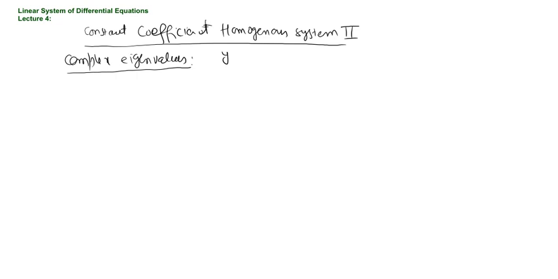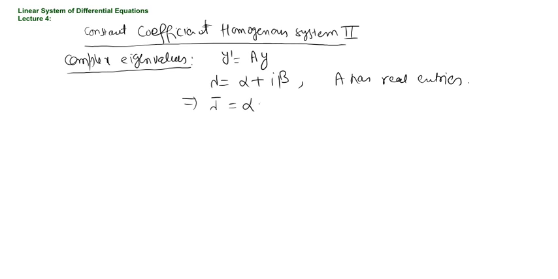So we have system y dash equal to A y, where matrix A has real entries and eigenvalue lambda is complex. So if matrix A has real entries, the characteristic polynomial will have real coefficients. So this implies that lambda bar, the conjugate of lambda, is also an eigenvalue.